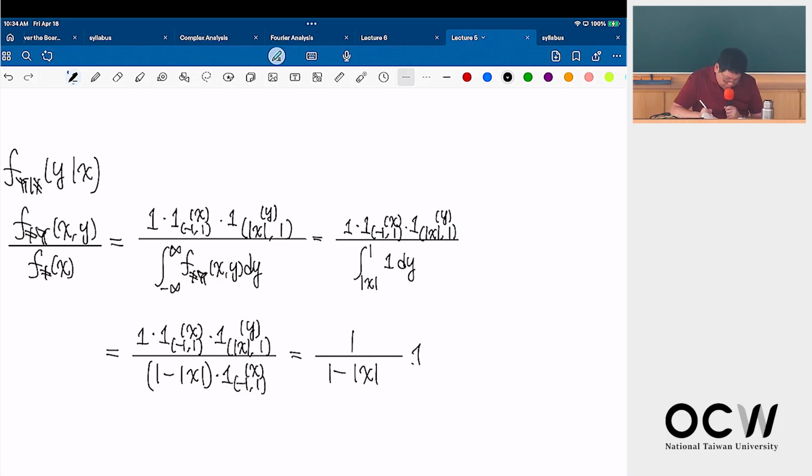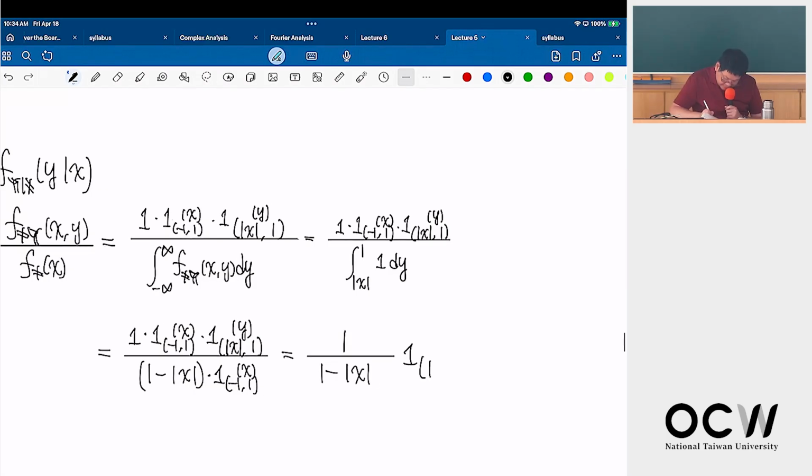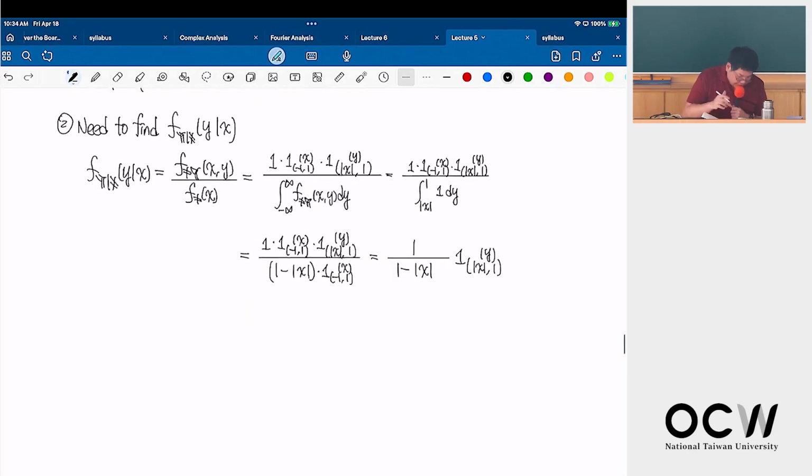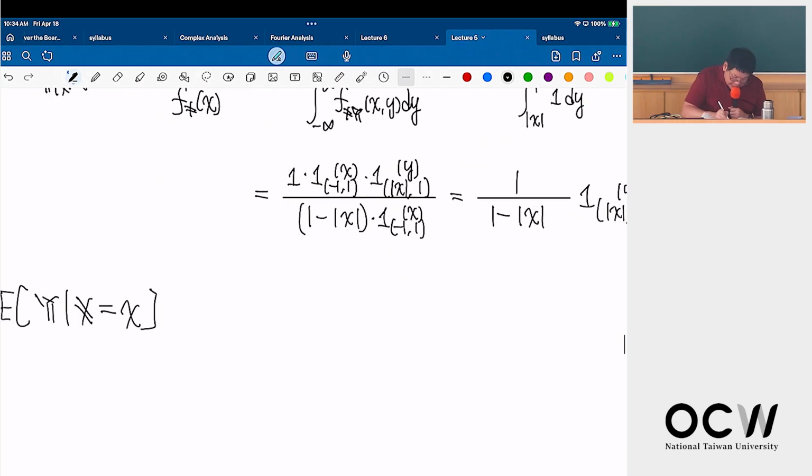So overall, once we have the conditional PDF of y given x, then the conditional expectation of y given x fixed will consider all possible outcomes times the weighting.